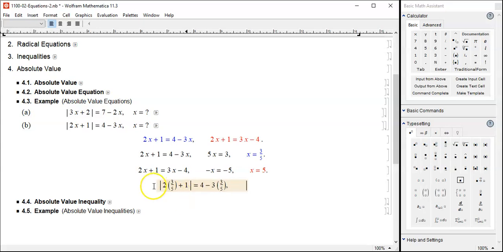Inside the absolute value, we have 6/5 plus 1, which is 5/5. And then here we have 4 minus 9/5. So 4, that can be written as 20/5.